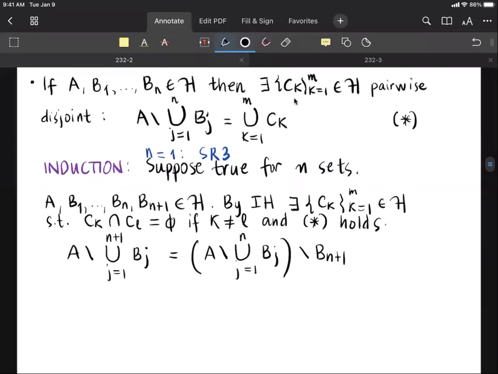We did this so that we can apply this equation here. So that would be the union of the C sub k's, k from 1 to m, and applying the distributive property, this is basically C sub k minus B sub n plus 1.